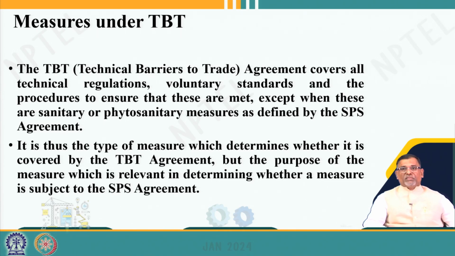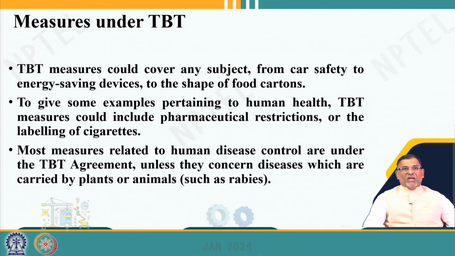I have already given examples of compulsory standards like the ISI mark for electrical equipment. Voluntary standards, for example, are the stars, how many stars there are on an AC or a washing machine. Other measures are safety, energy saving mechanisms and the shape of food cartons.